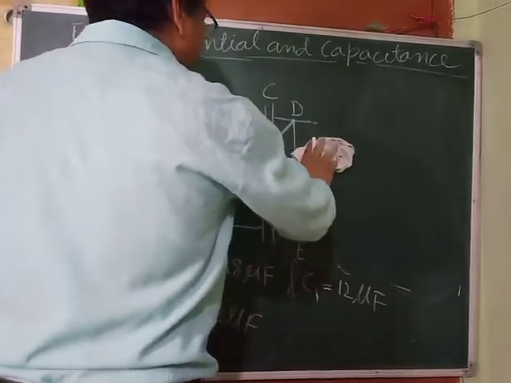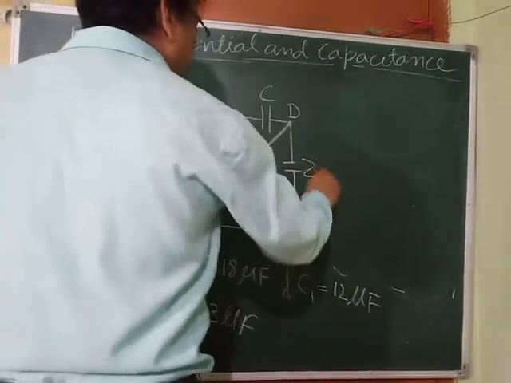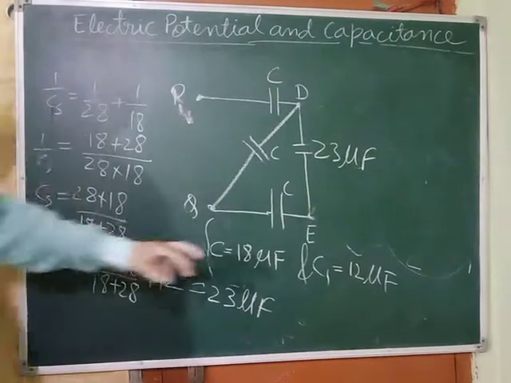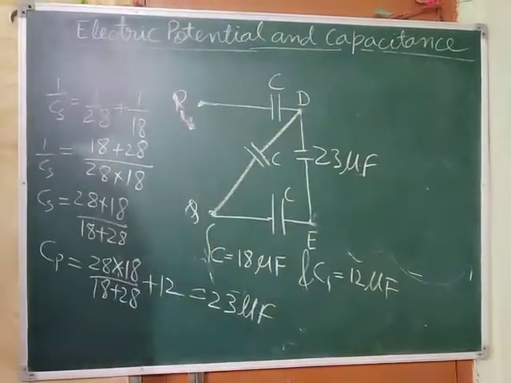Now we have reached till here, it is 23 microfarad. And now this 23 and this C, they are in series.